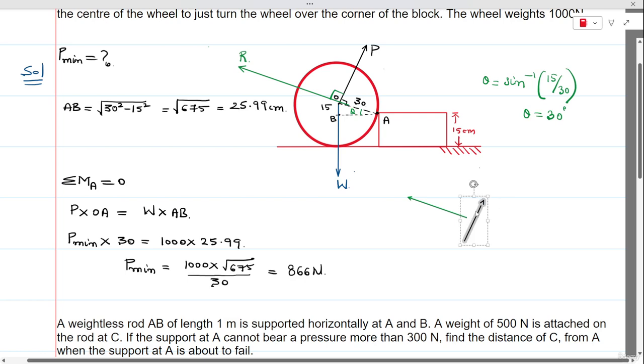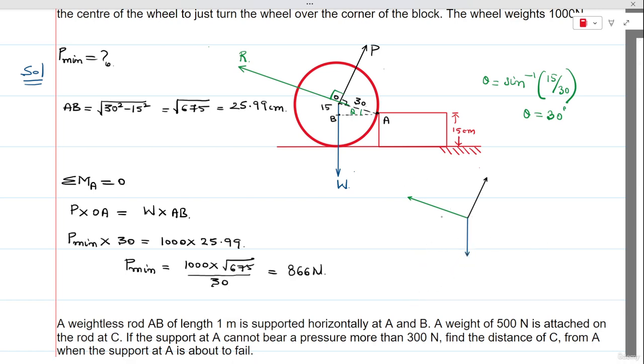So this is the force P, and next would be the weight W. So now the force R is making an angle of 30 degrees with the horizontal, and P is going to make an angle of 60 degrees, because here the angle included between R and P is 90 degrees.